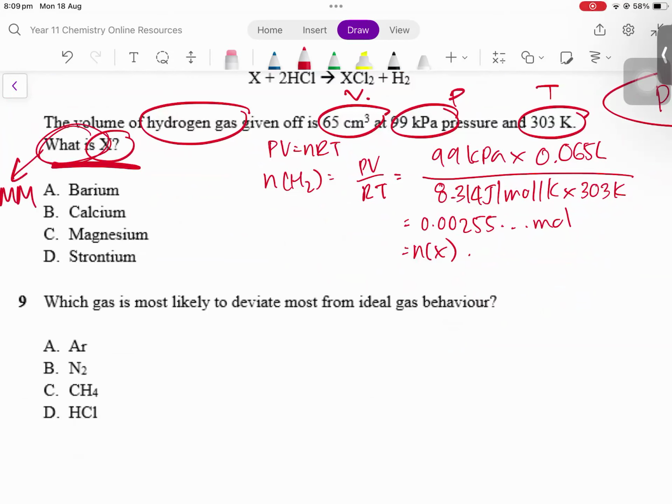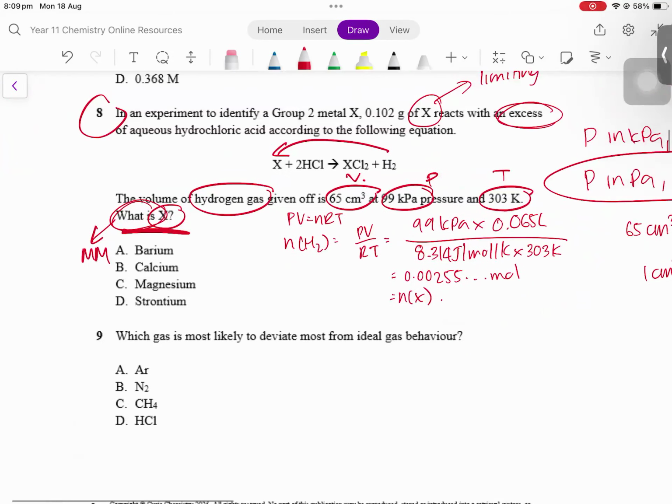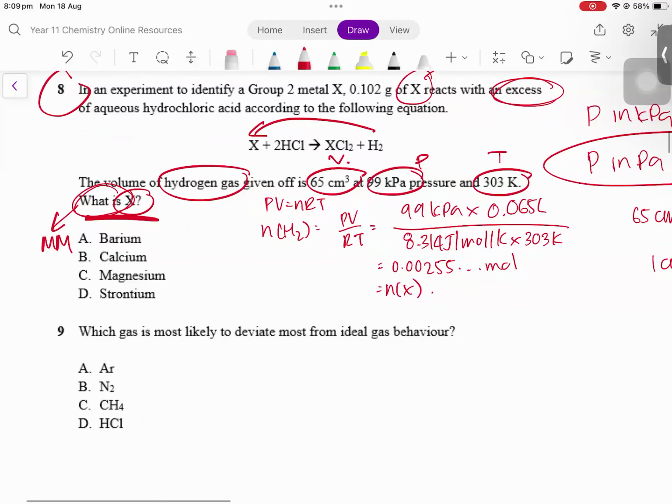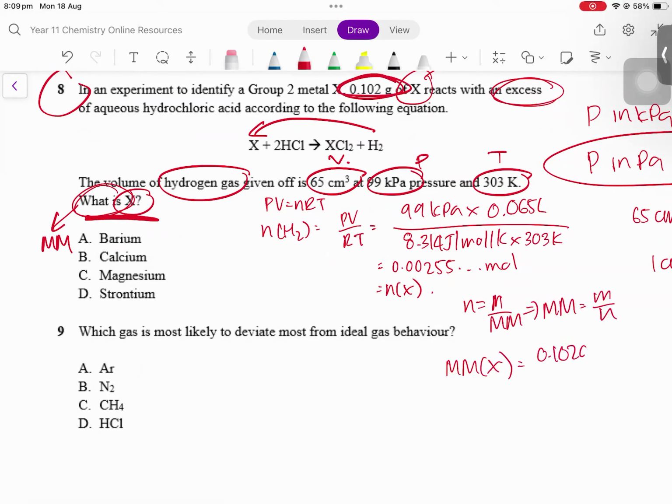It might not be obvious because they don't ask you for a number, but you are looking for a number. So moles is mass on molar mass. So therefore molar mass is mass on moles. The mass was given to you in the question as 0.102. So molar mass of X is 0.102 grams divided by the 0.00255 that you got per mole.